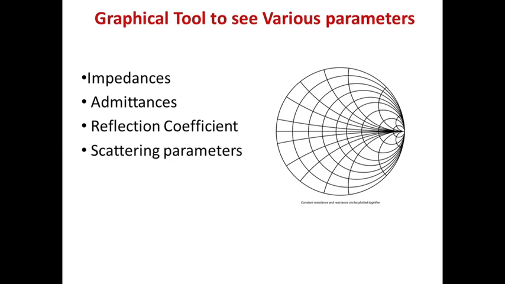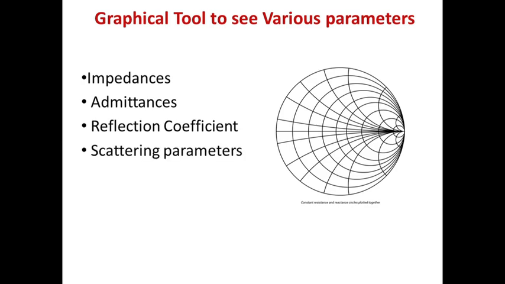But whatever it is, even if it is sending power, it is sent in the form of a wave. That means the energy gradually goes with space, and if it sees some discontinuity, either a material or geometric discontinuity, that is, an impedance discontinuity, then the wave gets reflected. So, we need to find out how much wave got reflected. That parameter is called reflection coefficient, which also is displayed on the same Smith chart.